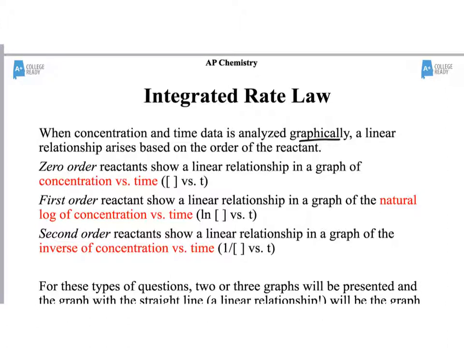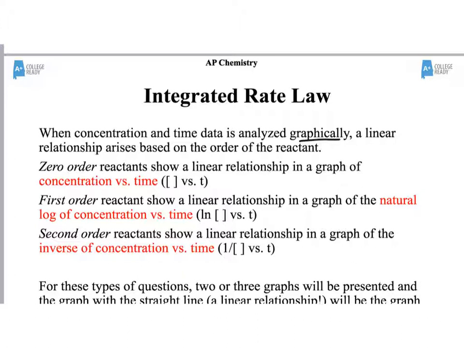If it's a zero order reactant, the linear relationship on a graph is going to be concentration versus time. So you're going to have a linear relationship in concentration versus time. If it's a first order reactant, the linear relationship on the graph is going to be the natural log of concentration versus time.